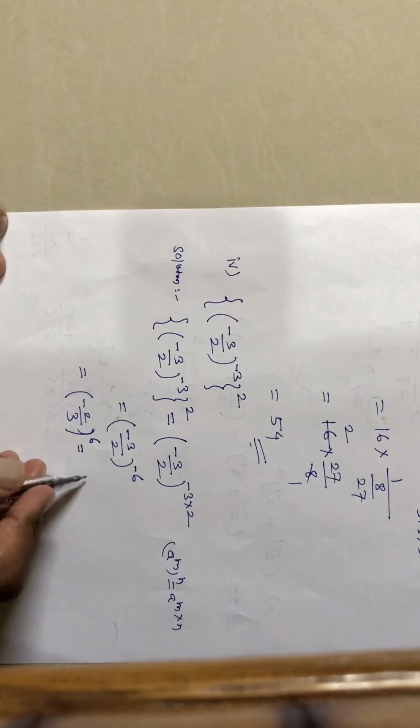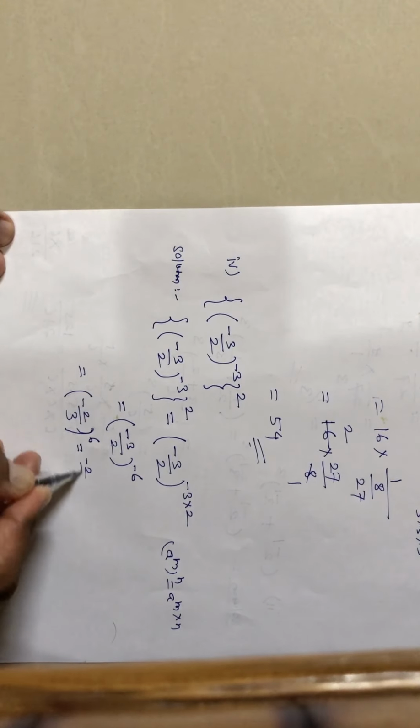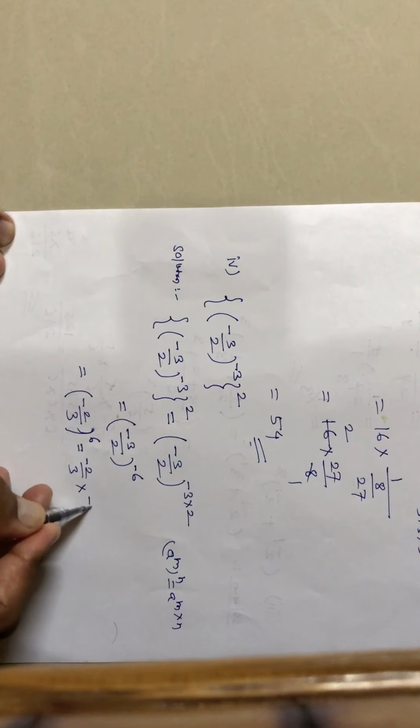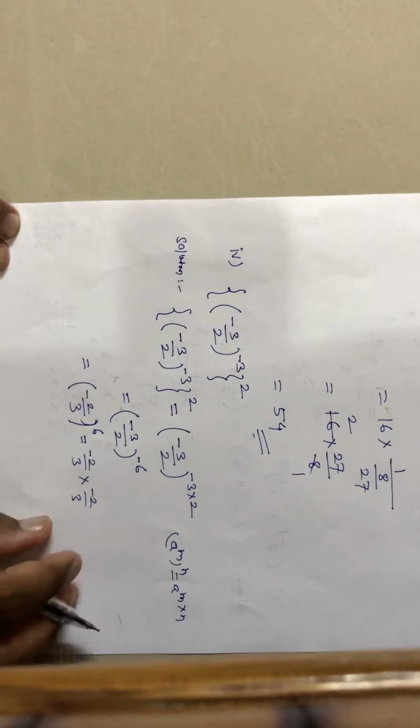So minus 2 upon 3 multiplied by minus 2 upon 3 multiplied by minus 2 upon 3, and so on.